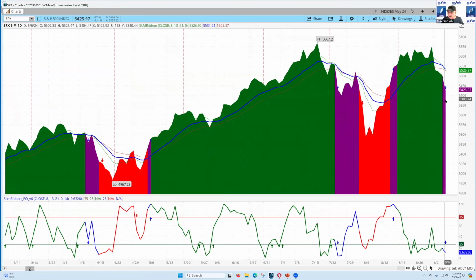As you can see right over there, this is the slim ribbon. This is an area chart version of the slim ribbon. An extremely valuable chart. When you look at the slim ribbon PO on the bottom, the combination of these really gives you a good sense of what's going on. And here you could see that the momentum has now gone from positive to neutral right now.